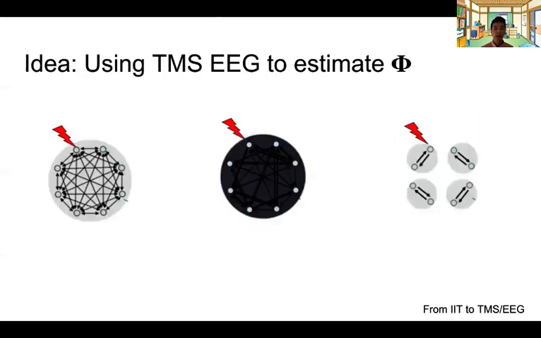The key idea here is to stimulate the brain using TMS, transcranial magnetic stimulation, and then record the induced activation as an electroencephalogram, EEG, to estimate the integrated information.